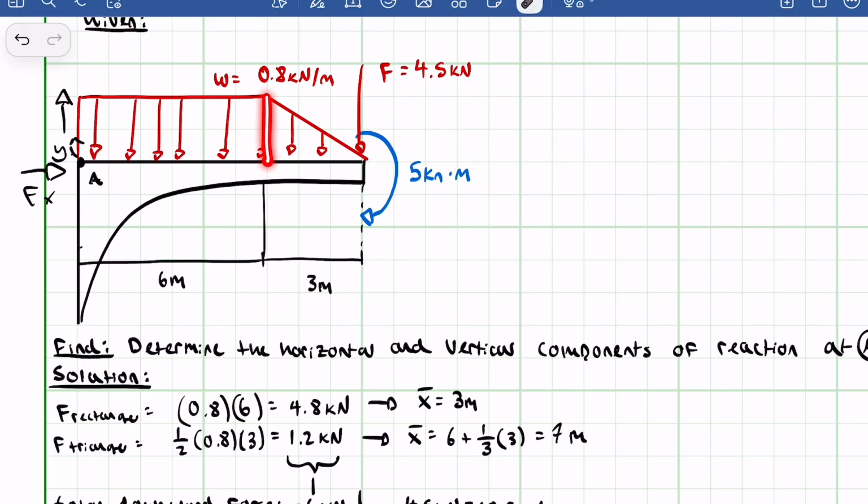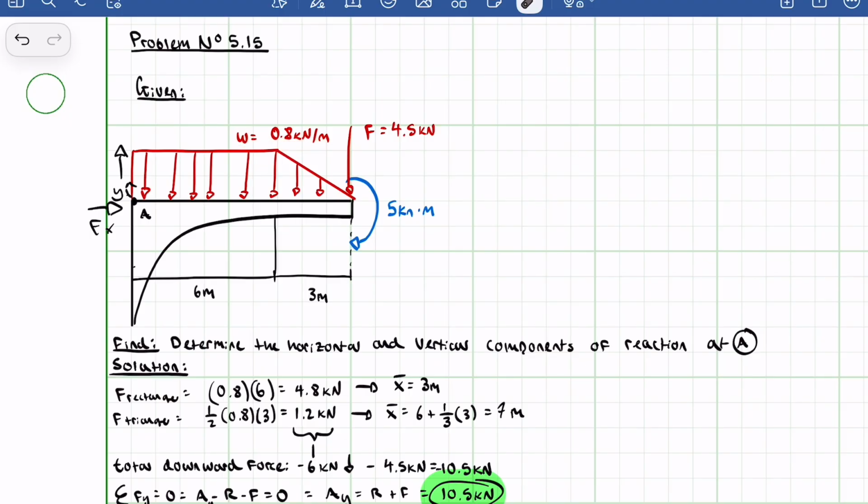We have a rectangle on the left, and to find the total force on this whole area, we're going to take this value, which is how many newtons per meter is applied, represented by these arrows, and multiply that by the total length. It's just like finding the area, right?